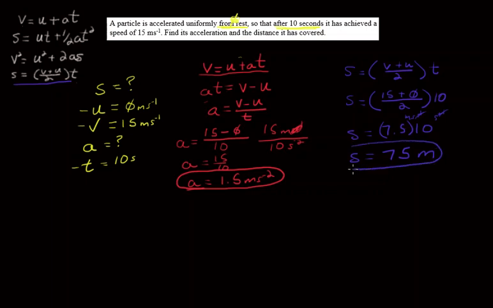Now, you won't always have time on a test to verify that things are correct, but let's see if they are. We know that our final velocity is 15 meters per second. Let's find something that has both acceleration and distance in it, and that would be this one. And let's see if we come up with the right answer.